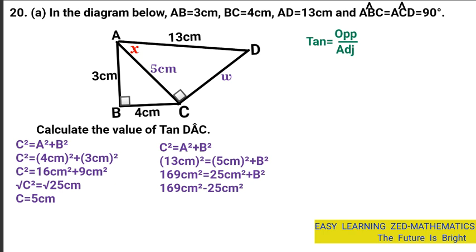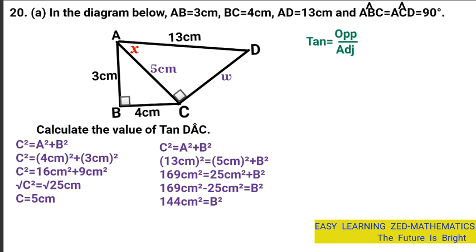So we say 169 minus 25 is going to give us 144 centimeter squared, which will be equal to B squared. Then we find the square root of 144 centimeter squared and B squared, so we put the square root signs there.